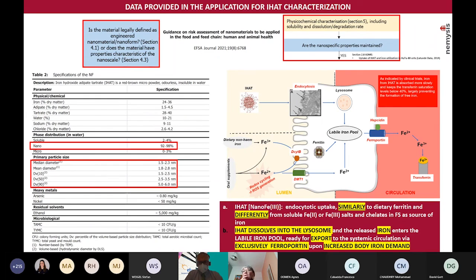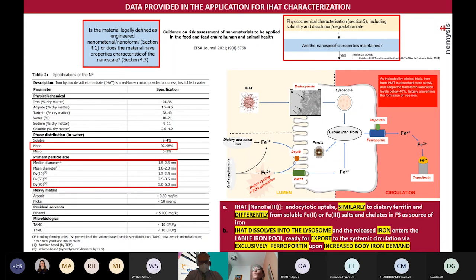Then, in the lysosome, the iron released from IHAT enters the common labile iron pool, and from that point on, it is under homeostatic control for iron release upon increased iron demand by the body.